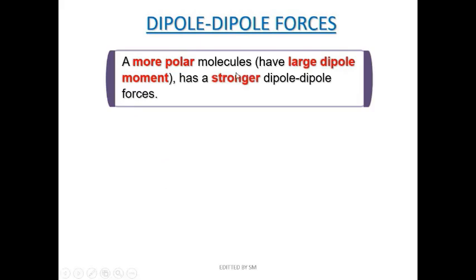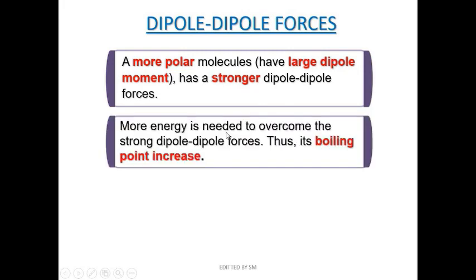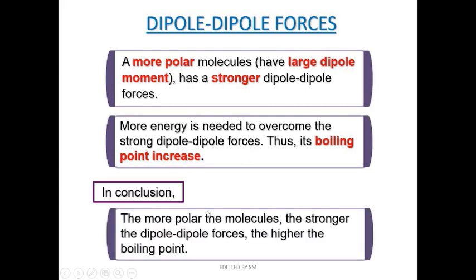A more polar molecule, with a large dipole moment, has stronger dipole-dipole forces. So more energy is needed to overcome the strong dipole-dipole forces, so the boiling point increases. In conclusion, the more polar the molecules, the stronger the dipole-dipole forces, the higher the boiling point.